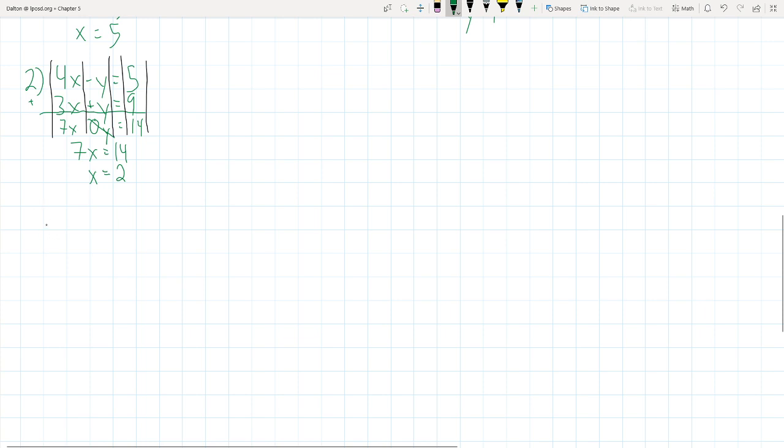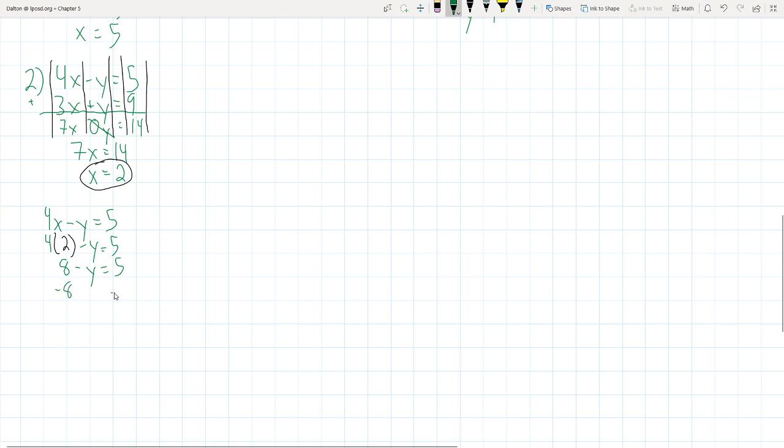Now I can plug this 2 into either of the equations. So I'm just going to do the top one. Doesn't really matter which one you do. 4x minus y equals 5. So I get 4 times 2 minus y equals 5. 4 times 2 is 8, minus y equals 5.